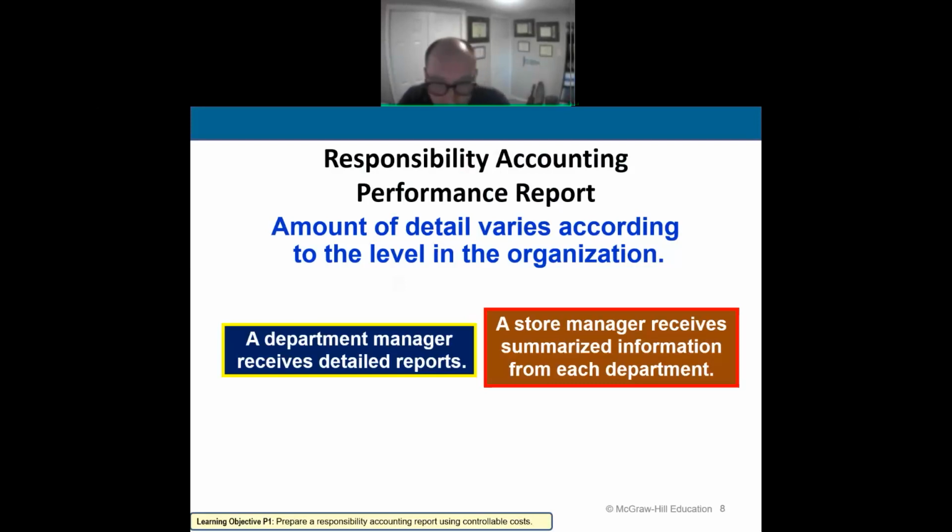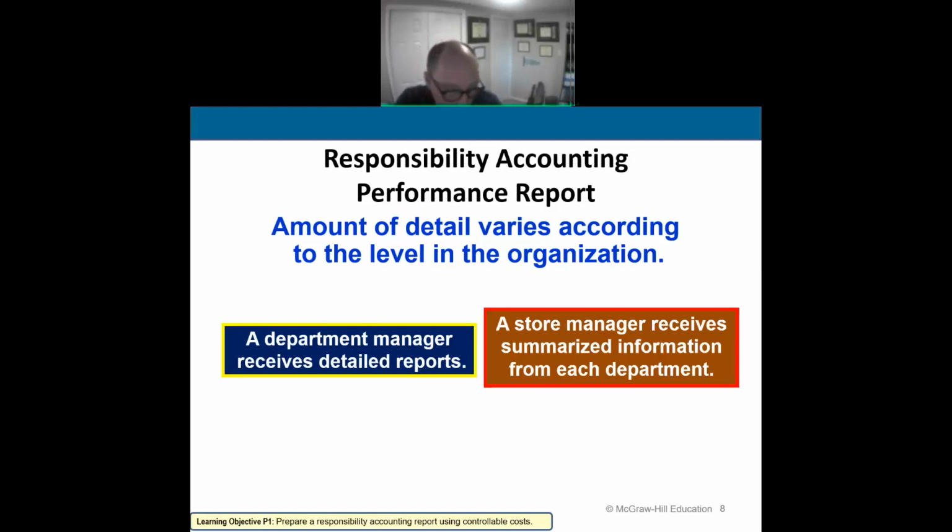Okay, so there's a couple of reports that management looks at to really understand their overall performance. We call these responsibility accounting performance reports. What a fancy name, right? These reports tell us the amount of detail in the organization based off of line items that I'm most interested in.